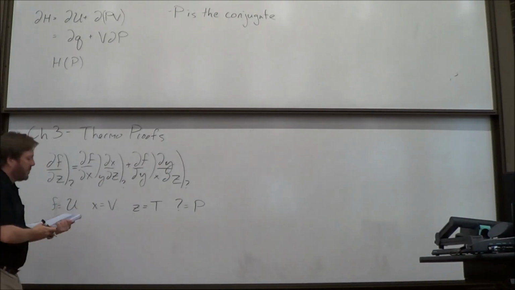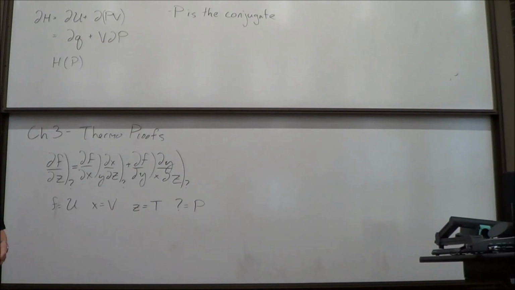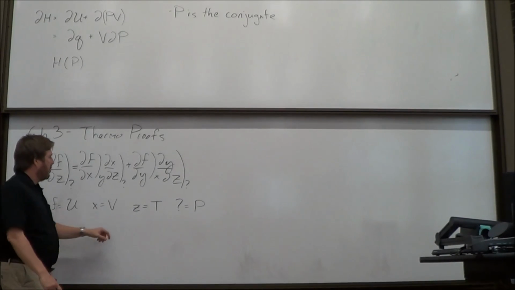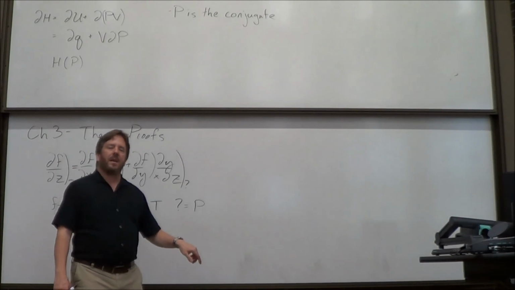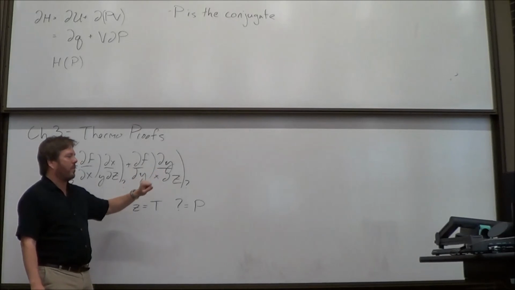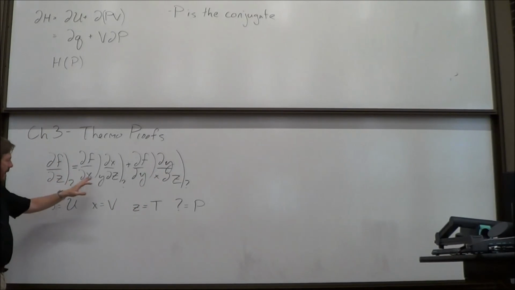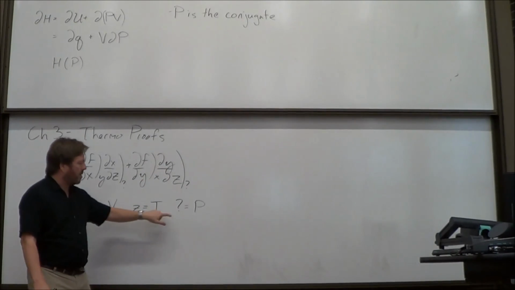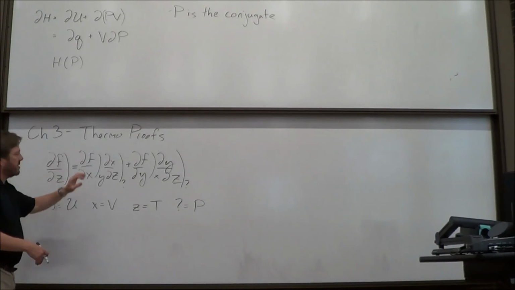Okay, so this is the hard derivation question, and I said, what is the change in U with respect to T at constant P? You've written df is df dx dx plus df dy dy. You divided it by dz, and then you identified all the letters, and now you just have to fill it out.